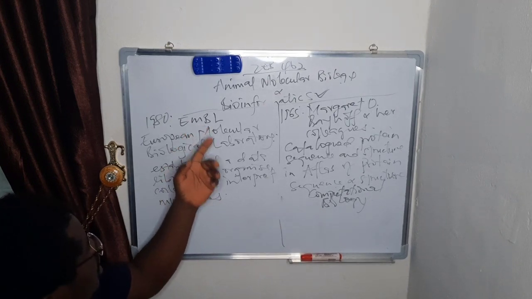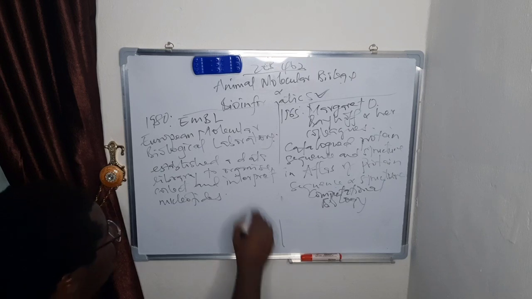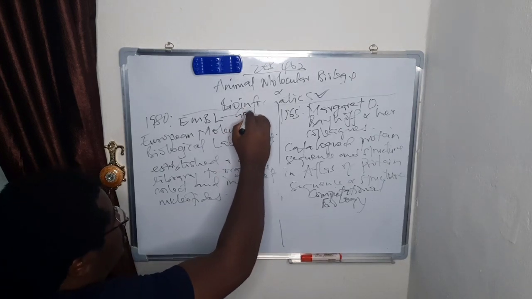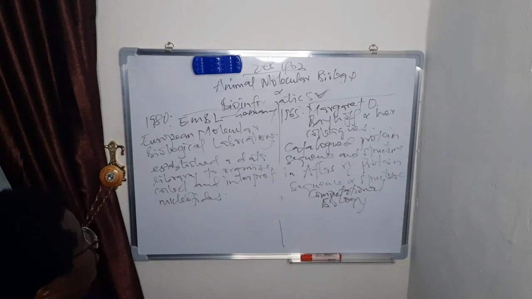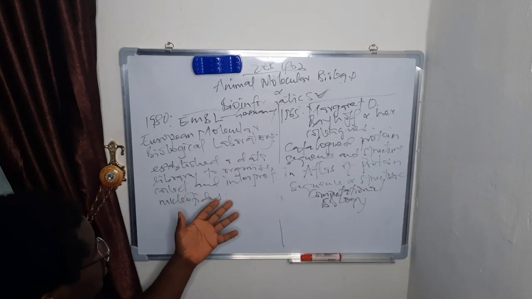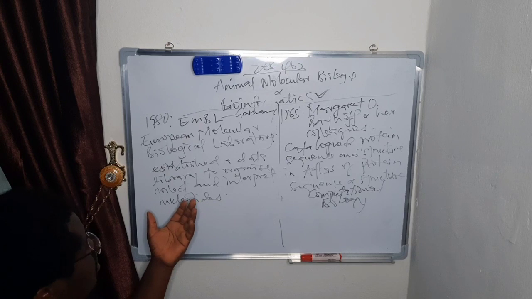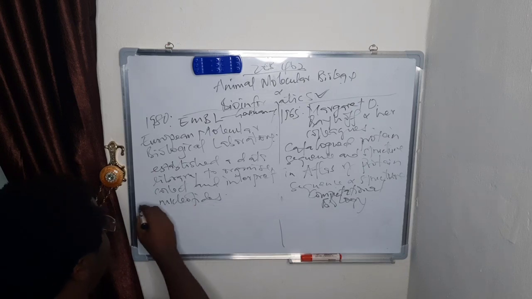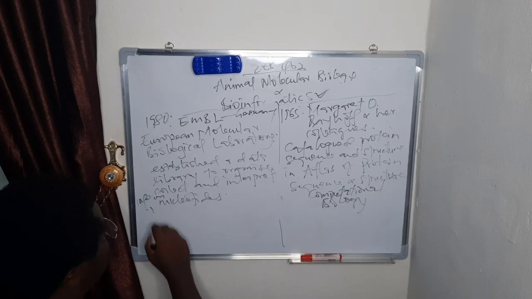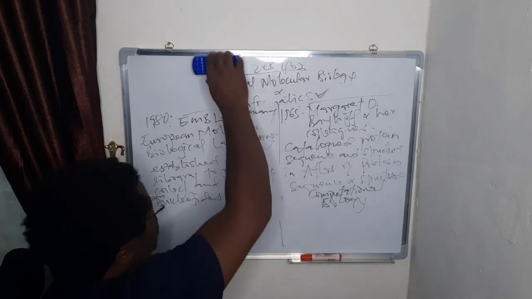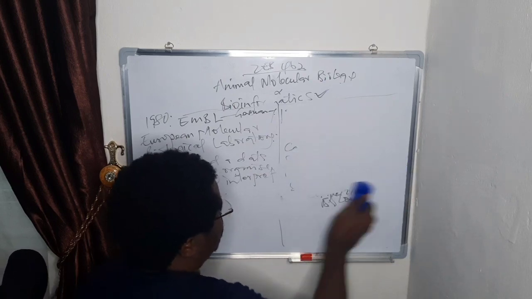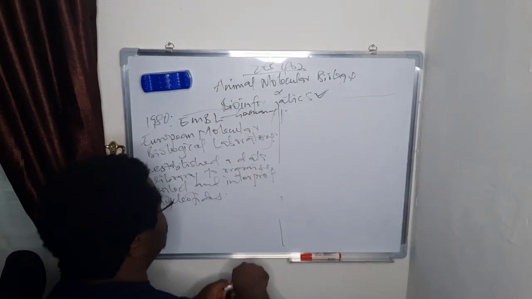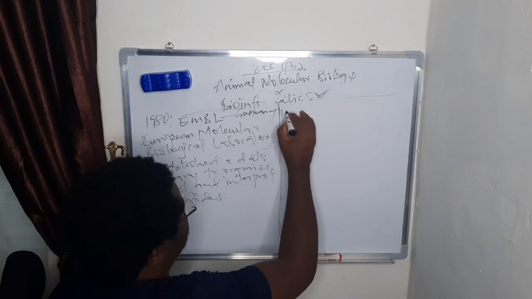So the European Molecular Biological Laboratory, based in Germany, established a data library where one can collect, organize, and interpret information on nucleotides.